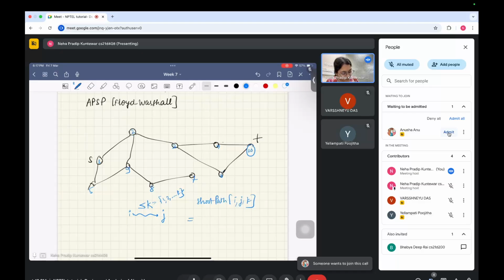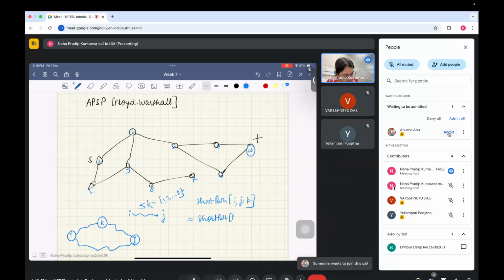So how do we do that? This path can either be a shortest path from i to k and then a shortest path from k to j, or it can simply be a path from i to j which does not use k.